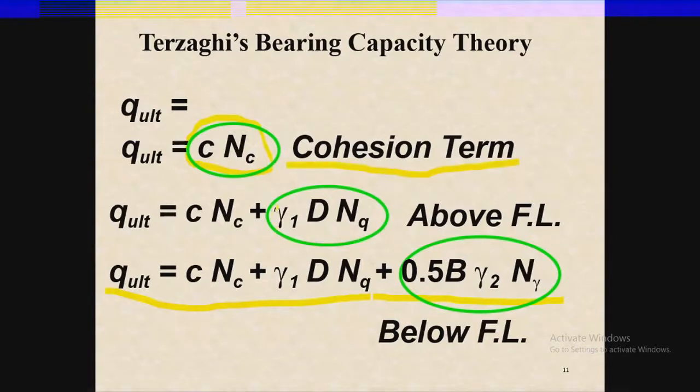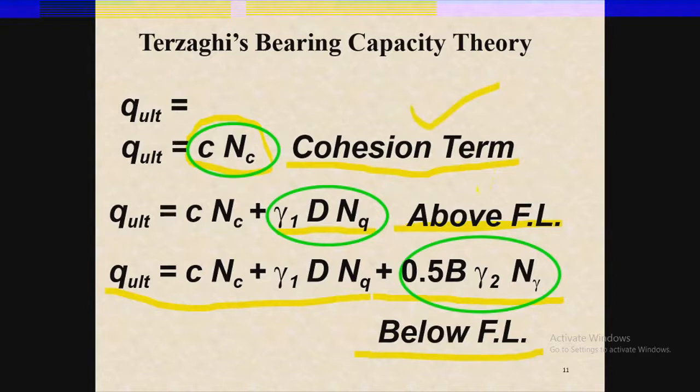This gamma 1 D NQ is basically the term related with the surcharge pressure above the foundation level, and half of gamma B N gamma is basically related with the soil beneath the base of the foundation. So the first term of the Terzaghi bearing capacity is due to the cohesion of soil.